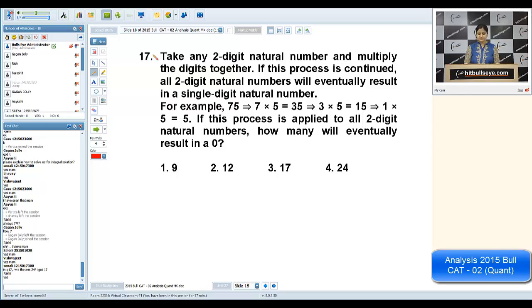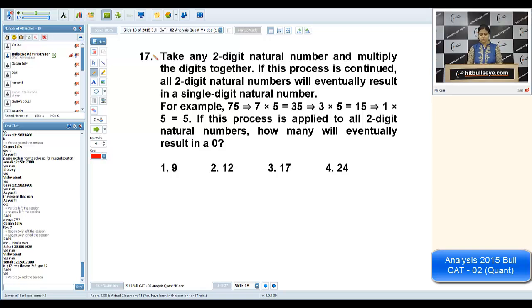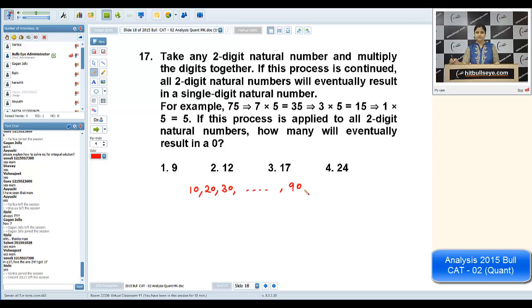If this process is applied to all two-digit natural numbers, how many will eventually result in a 0? So we need a 0 here. Of course, we can consider these numbers 10, 20, 30, and so on up to 90. Because in all cases, if you multiply the two digits of this number, you will get a 0 always.